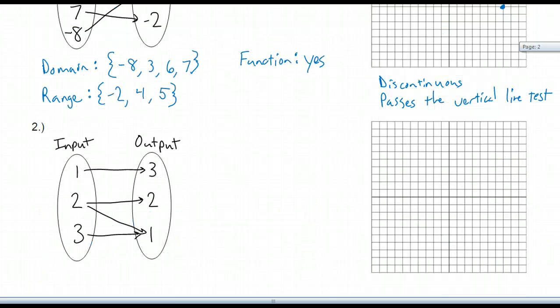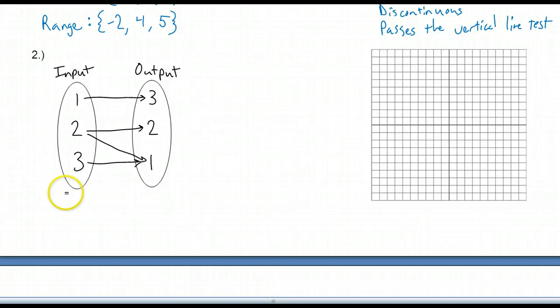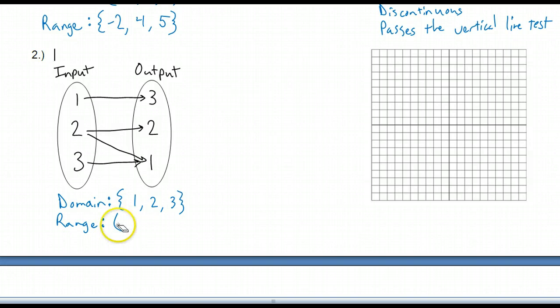Let's look at problem number 2. Start by finding the domain and the range. The domain is a set of numbers, 1, 2, and 3. And the range is also 1, 2, and 3.